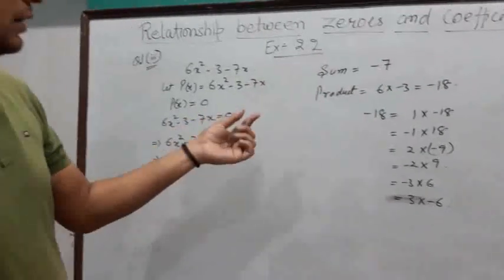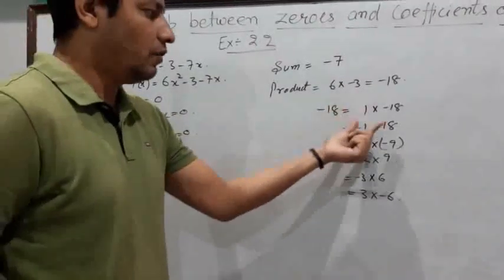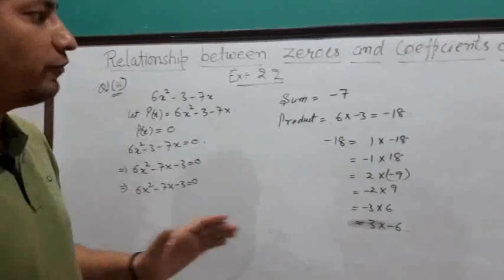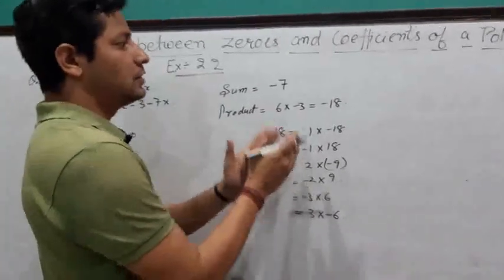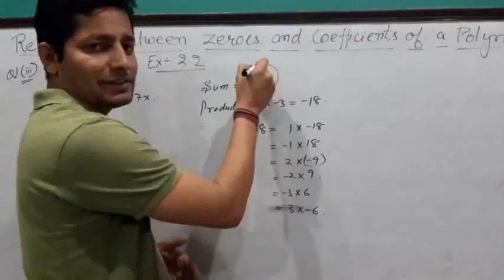So these are the possible factors of 18. Now we have to choose those factors whose sum is minus 7.